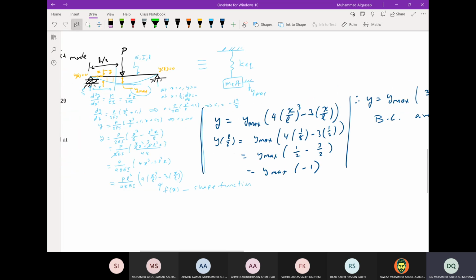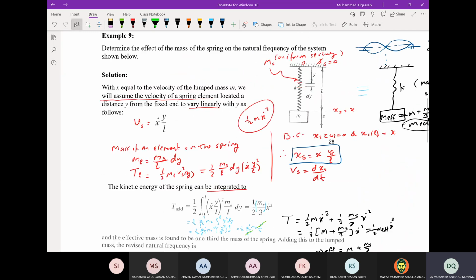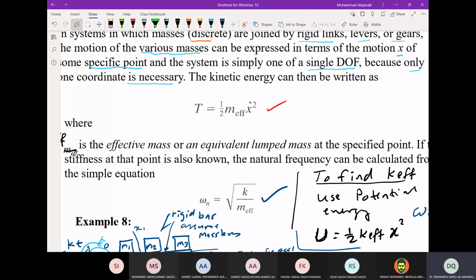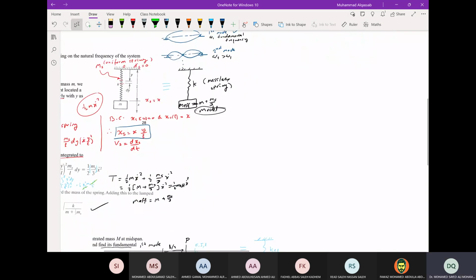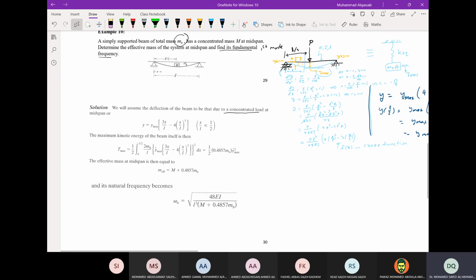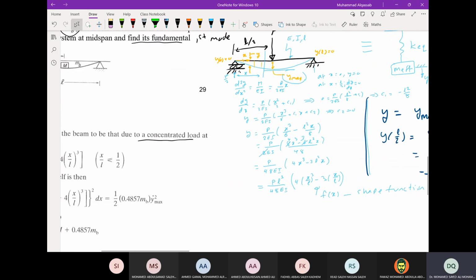The next step is to use the kinetic energy, as we mentioned in the beginning of the section, that if you can put the kinetic energy in this form, then you can find the effective mass at the specified point. Okay, so the kinetic energy is obtained. The beam is symmetrical.